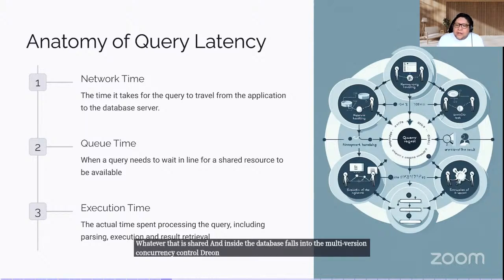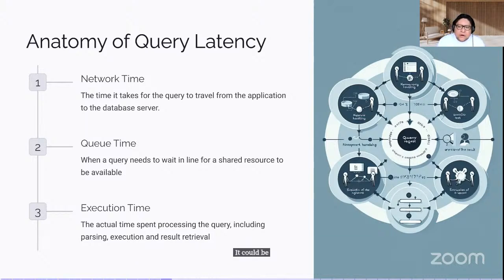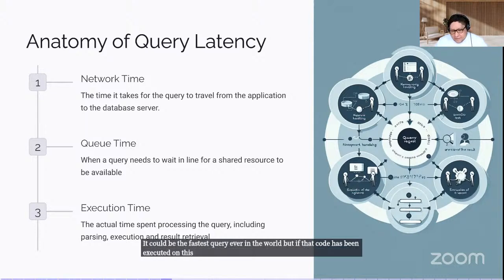The query has to wait. It could be the fastest query ever in the world, but if it's being executed on a very busy, high concurrency, high contention server, well, you have to wait, right? So that will add to the overall execution time.